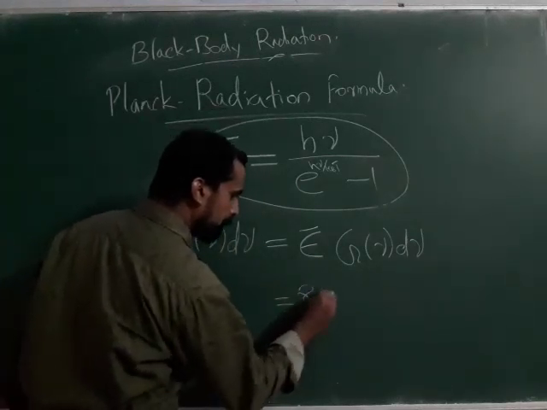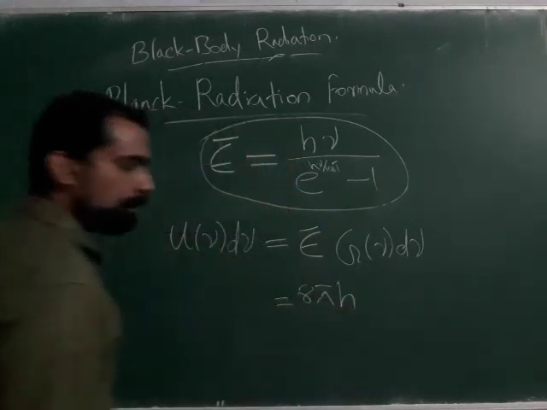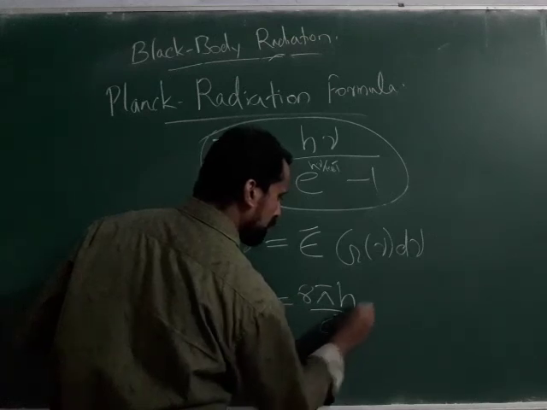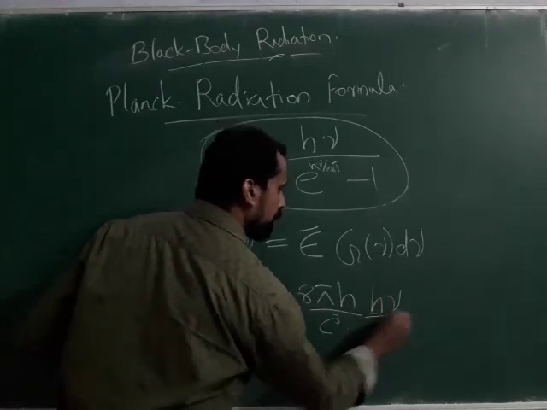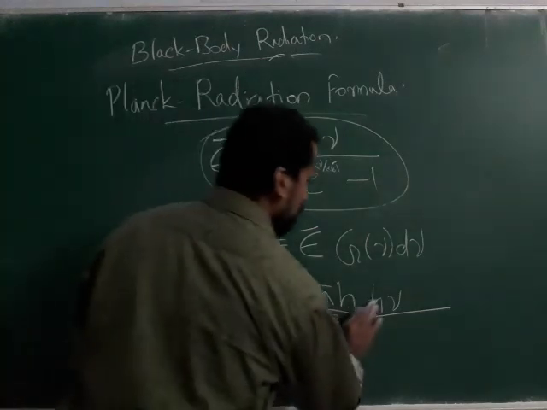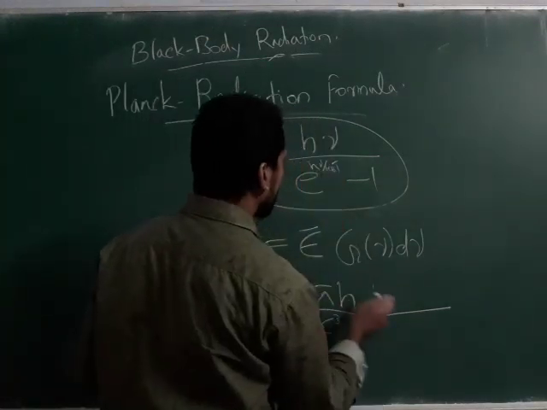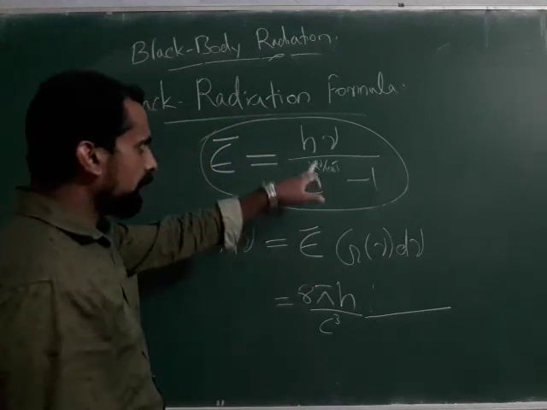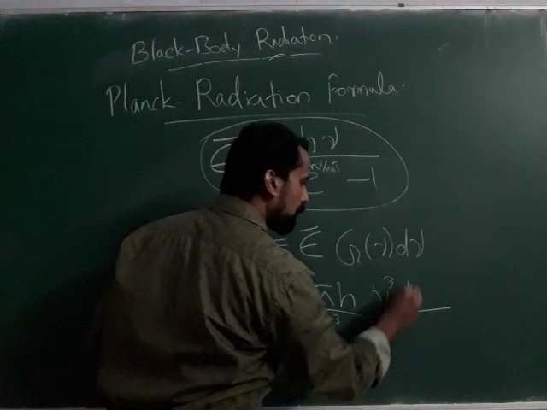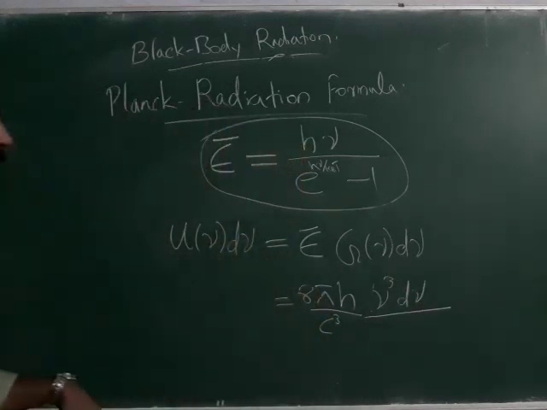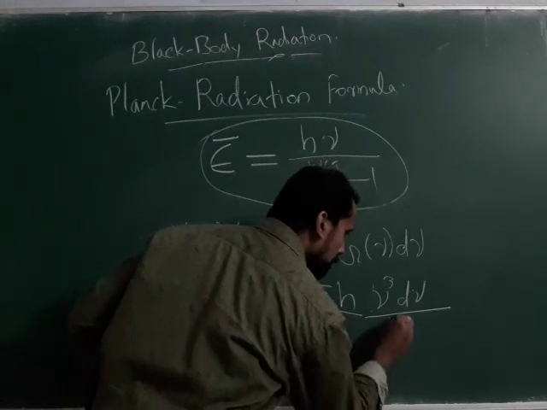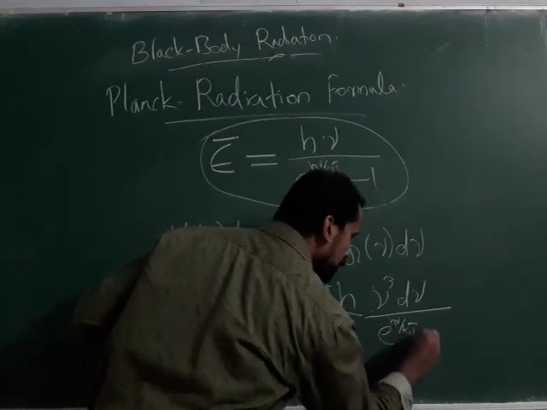So 8 pi h by c cube, h nu divided by, sorry, h is already taken. You already have a nu square, and then you multiply with nu cube d nu divided by e raised to h nu by kBT minus 1.